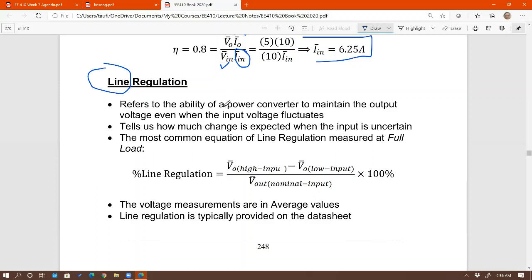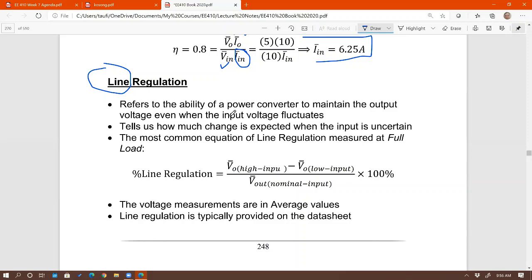So the majority of DC to DC converters are designed to provide constant output voltage, right? So this output voltage needs to be maintained at a constant value regardless of the change in the input, right? That's the ideal case.